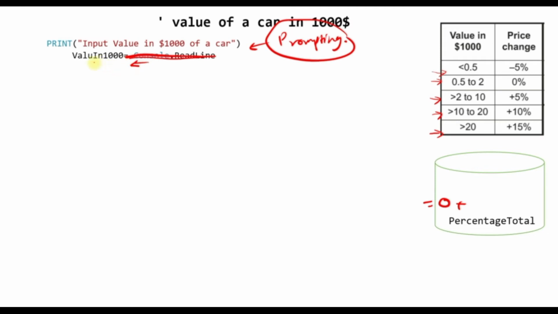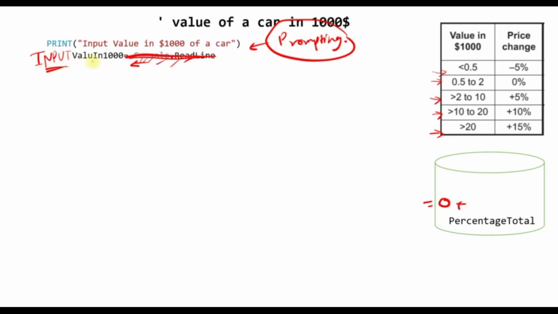So we are removing these words, and we will use INPUT, because this is pseudocode, not real code. So INPUT value in thousands. Also, we declared this value at the beginning as a variable.